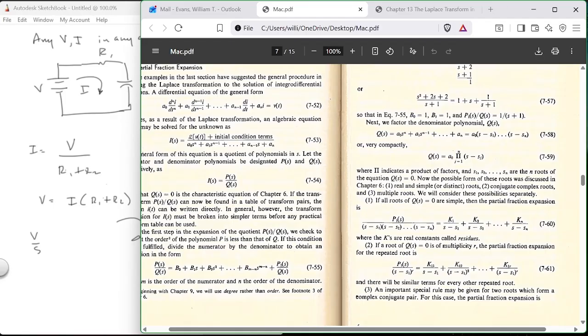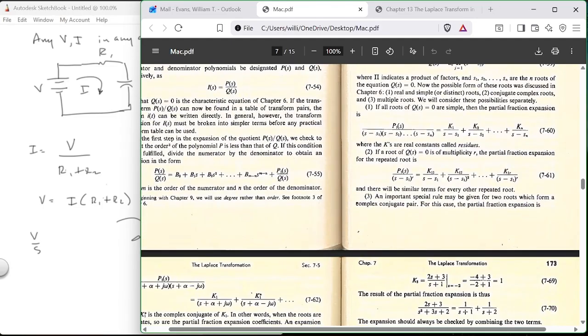This is called partial fraction expansion. Partial fraction expansion is something you had in a math course some time back, but that's how this is done. So if all these roots are simple, you just break them apart like that, and that's it. Okay? That's the simple one.